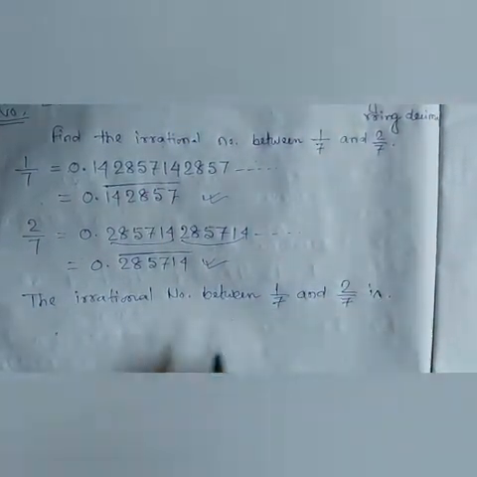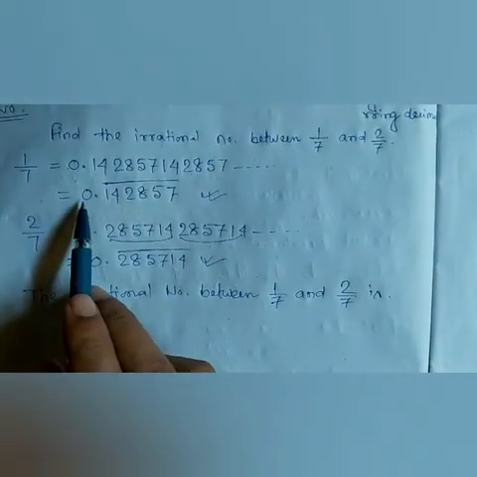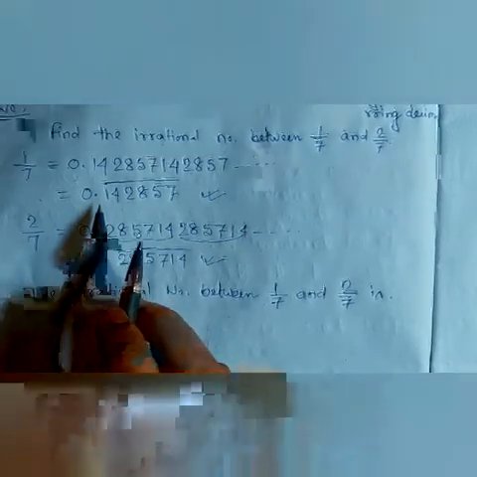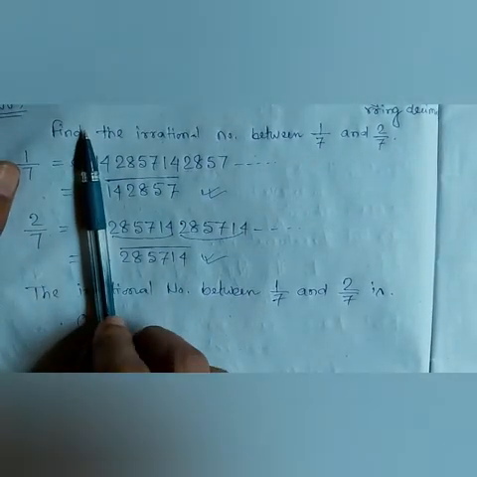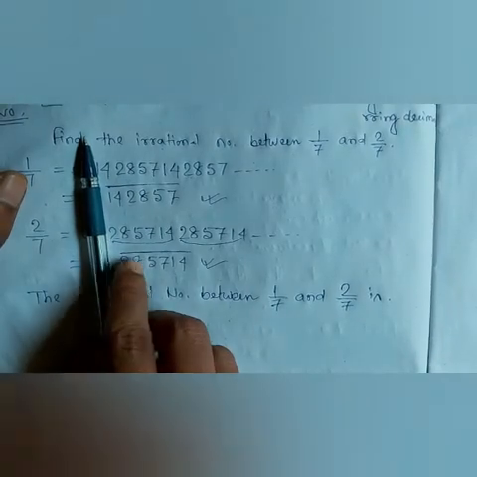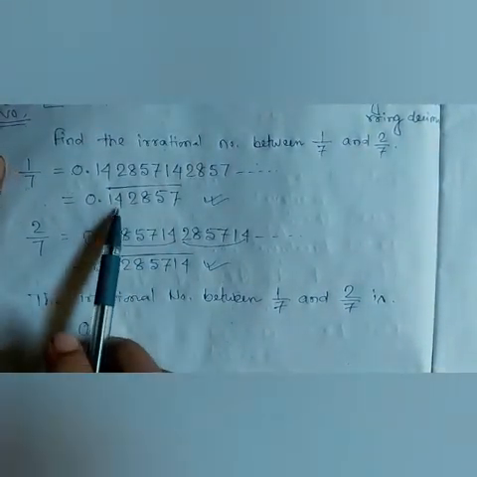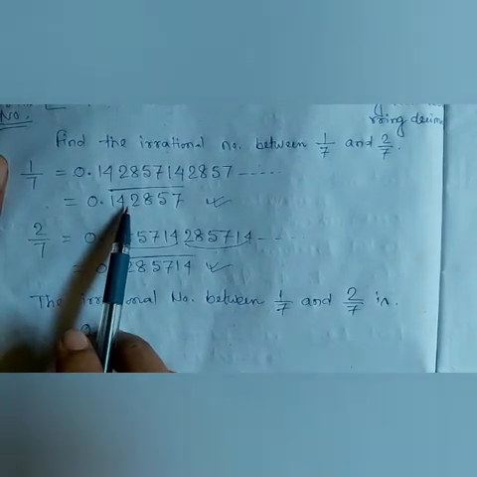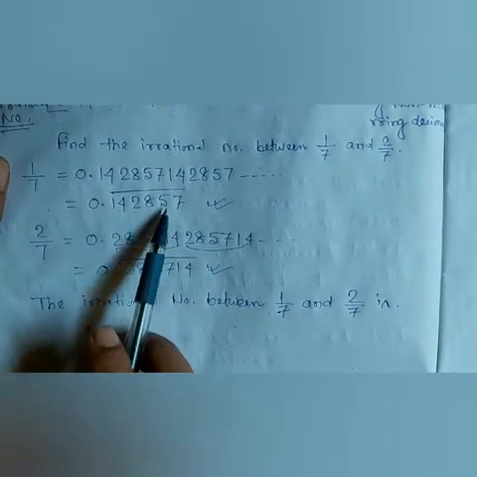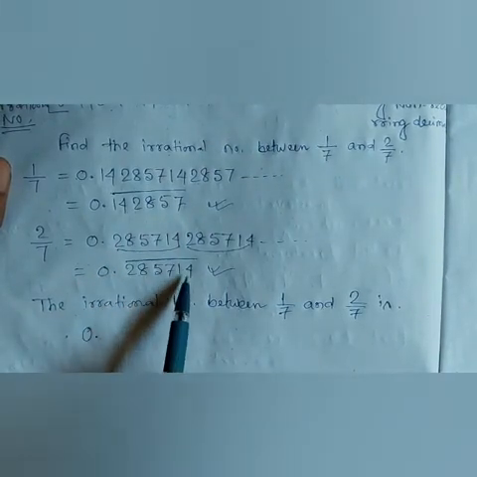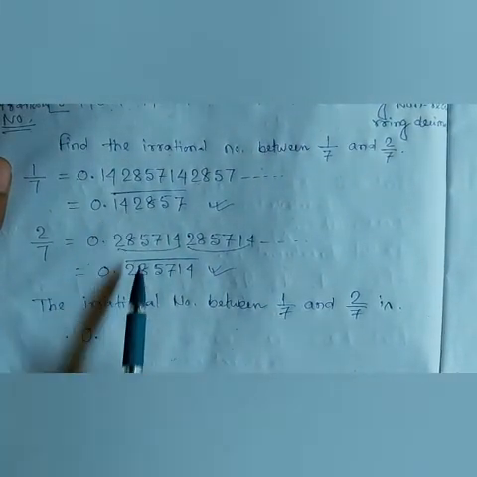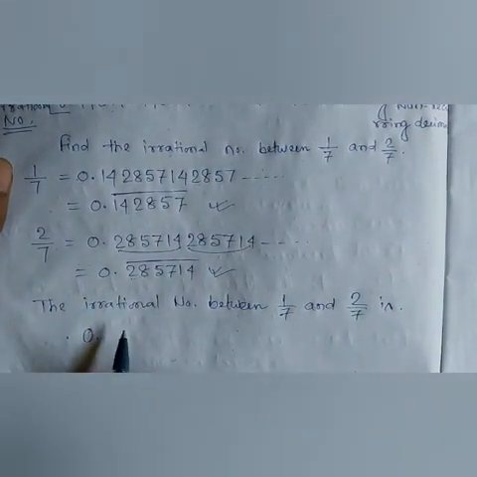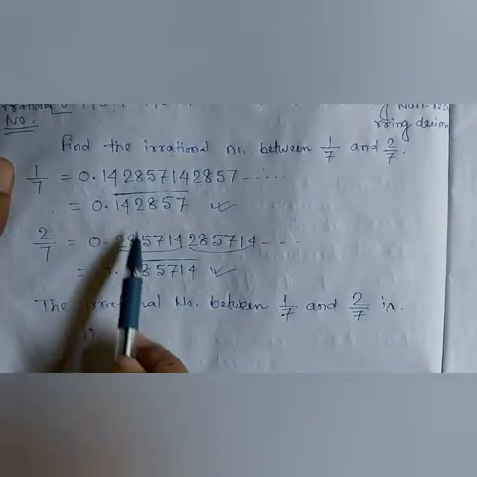Here it is 0 point, and now you have to omit the 0, the decimal point and also the bar. So here the numbers are 14, 28, 57. The first two numbers are 14 and 28, so you have to take any number between 14 and 28.